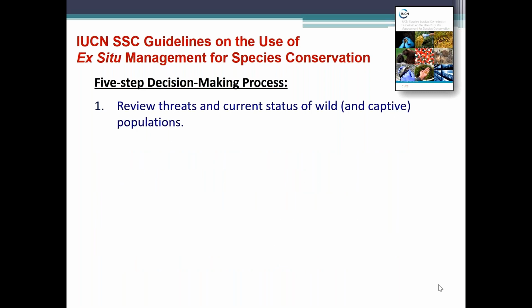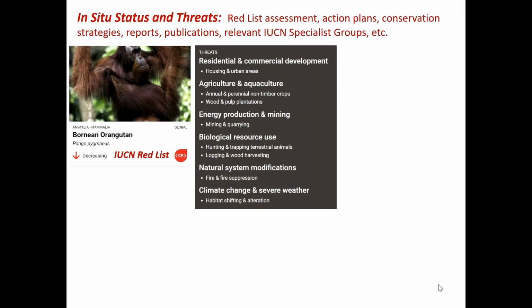So the first step in the process outlined in the XC2 guidelines is to review the threats to the species and its current status in the wild, and also any captive or XC2 populations for that species. To look at in situ status, a first good place to look is the IUCN Red List. If that species has been assessed, there's a lot of information there on its status and threats.